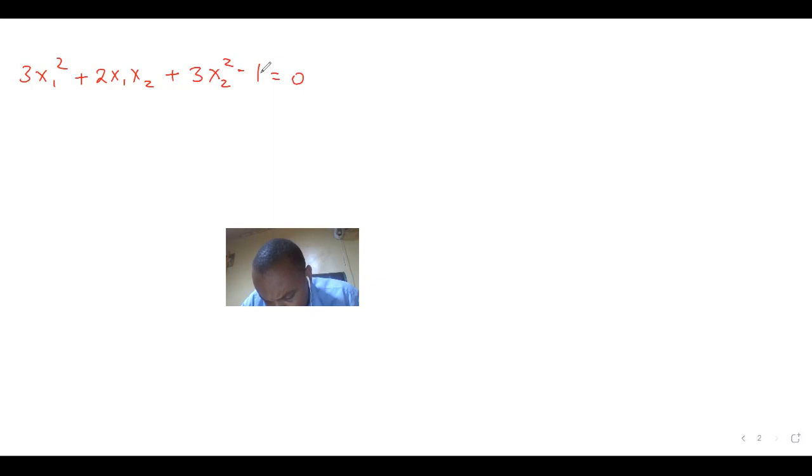So check, change coordinates to y2, y. So he's changing coordinates. So we need to find the change of coordinates.